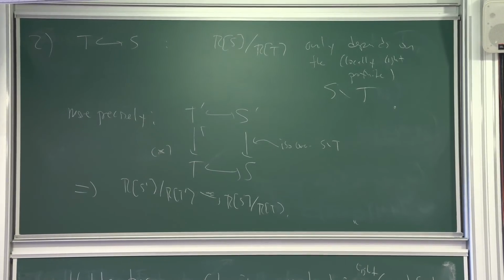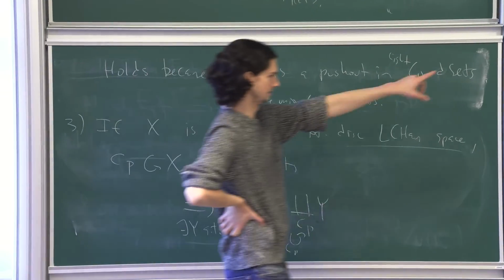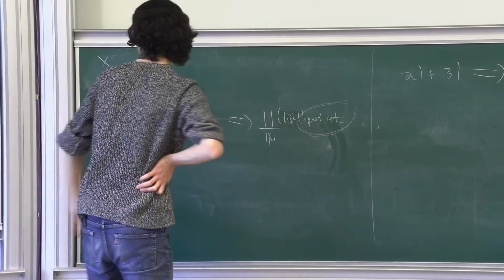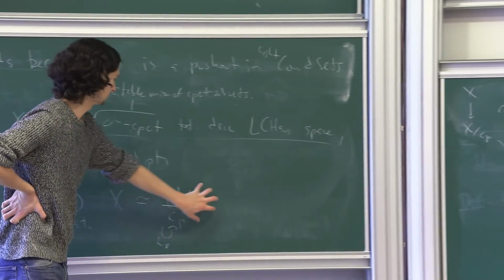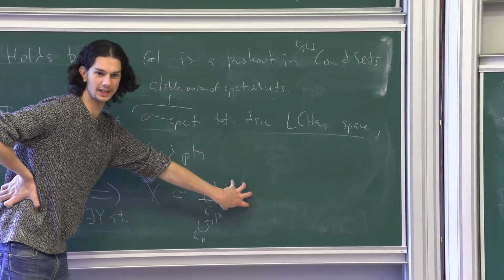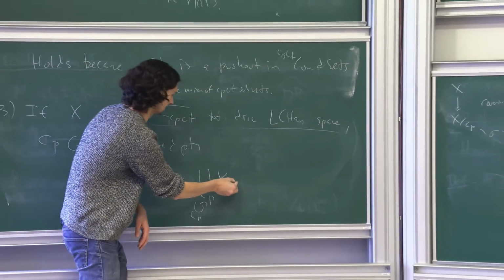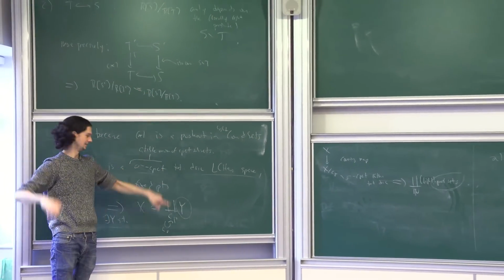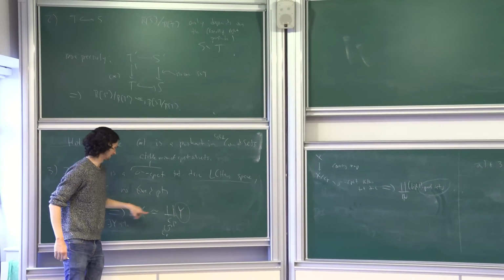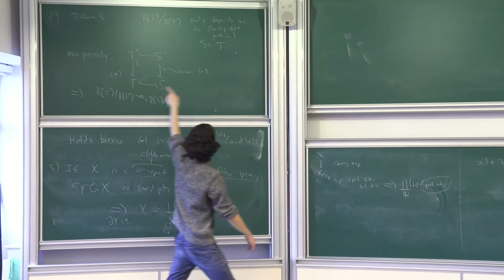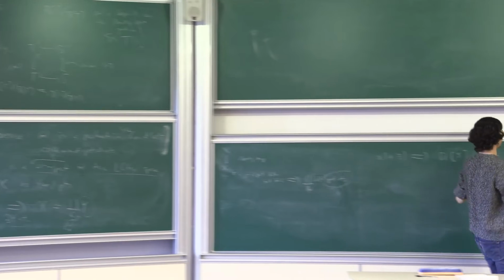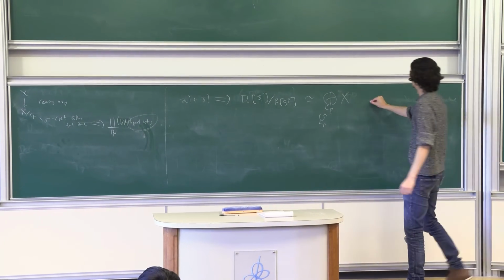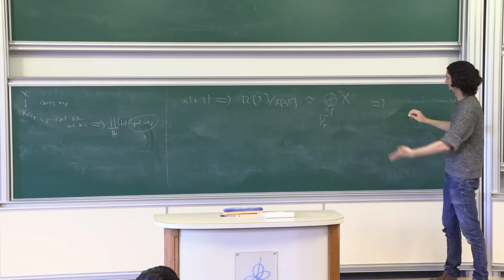That's one of these guys here. So that locally light profinite set is a disjoint union of CP many copies of some guy, and then you compactify it in a different way by just compactifying Y and then taking the CP many disjoint union copies of that to get a compactification of X, and then use that to calculate the quotient here, and then you'll find that the module is induced. And then an induced module has vanishing Tate cohomology.